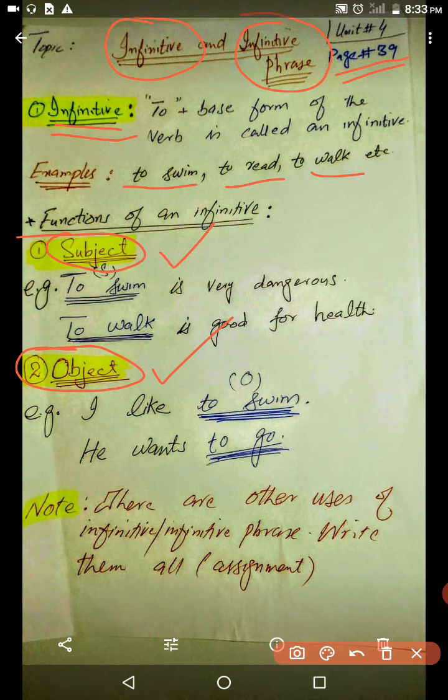So you know that one of the definitions of the subject is that part of the sentence about which we talk. So here we say to swim is very dangerous. So about what we are talking, to swim is very dangerous. This whole sentence is very dangerous is about this part, to swim.